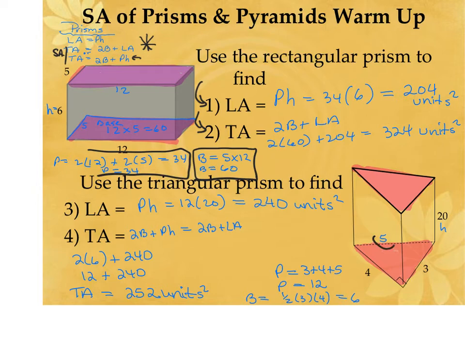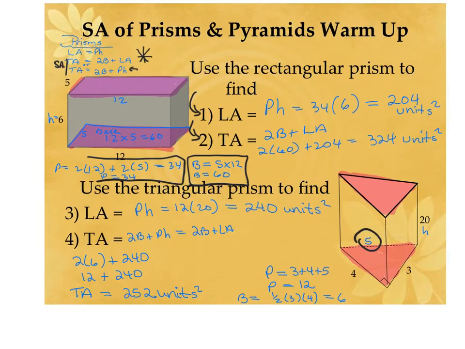So to find this missing side, if you realized it was the 3, 4, 5, you could just put 5. If not, then you would have had to use the Pythagorean theorem: 3 squared plus 4 squared equals c squared, because it is the hypotenuse. So 9 plus 16, add that, square root it, and that's how you can also get the 5.